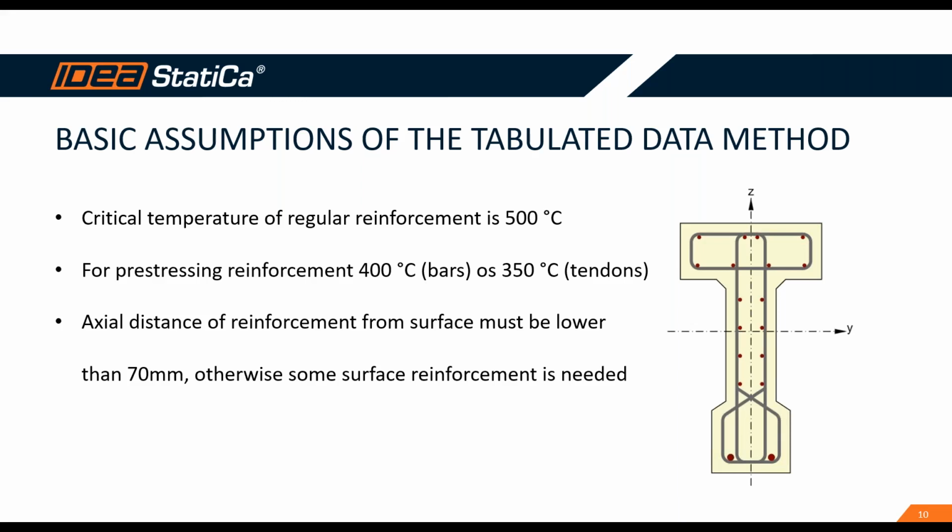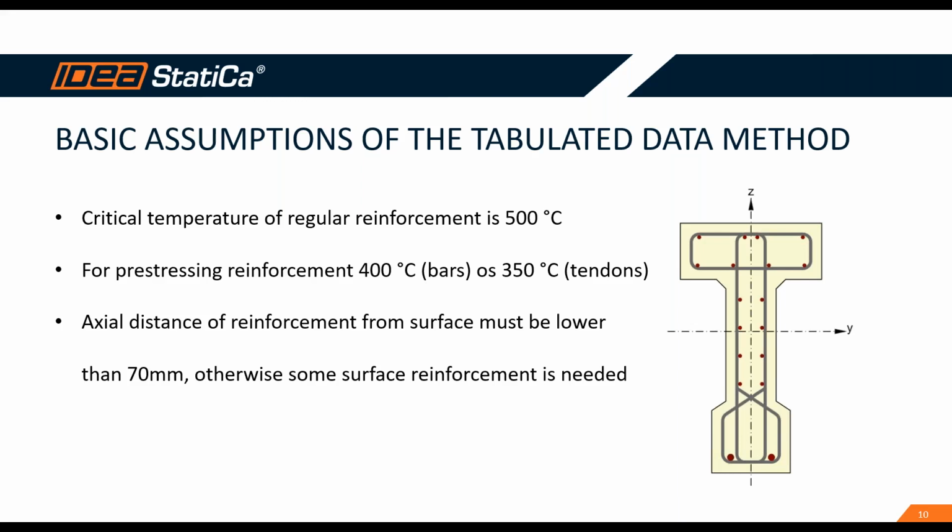The critical temperature of regular reinforcement is 500 degrees Celsius. For pre-stressing reinforcement, this temperature is considered 400 degrees Celsius for pre-stressing bars or 350 degrees Celsius for tendons.